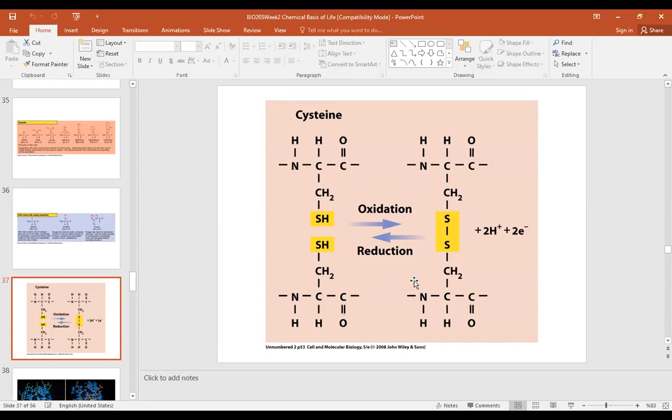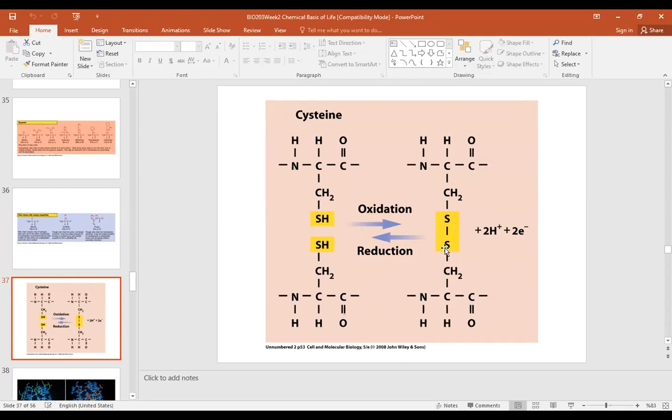And then this is reversible also in the presence of a reducing agent. In the laboratory, for example, we use an agent called beta-mercaptoethanol. This is a very strong reducing agent, which can actually reduce the disulfide bridges that are found in proteins and help them to become denatured.